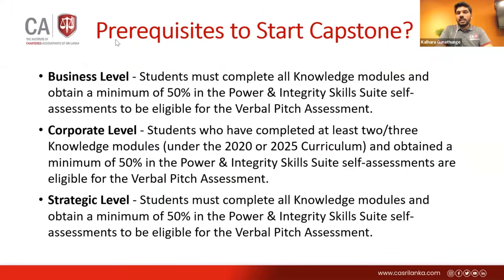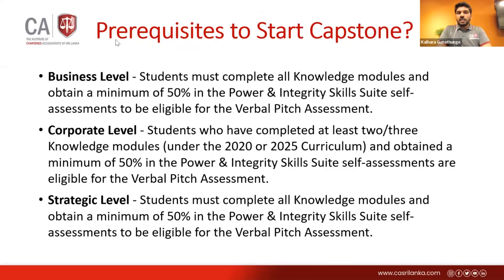So basically I said that at the curriculum development we had that thought process: students have to complete all the core modules and then the power and integrity skill suite, and then they have to do those capstone assessments.